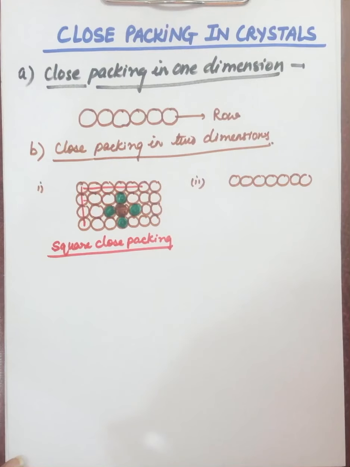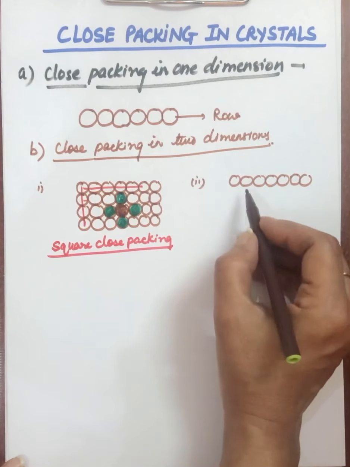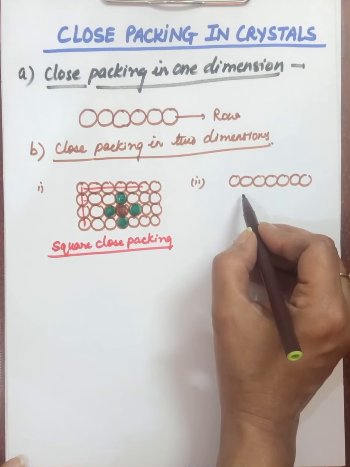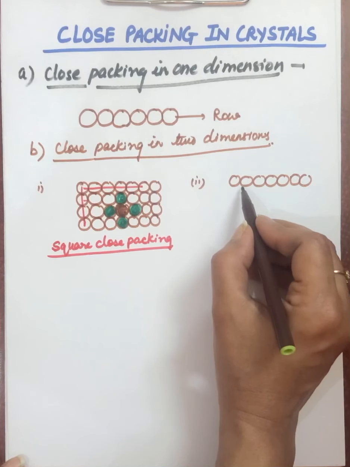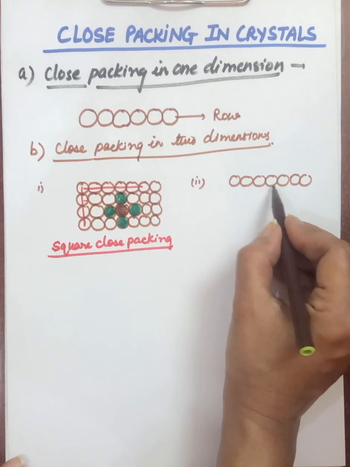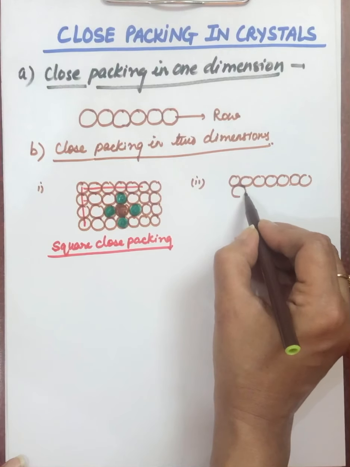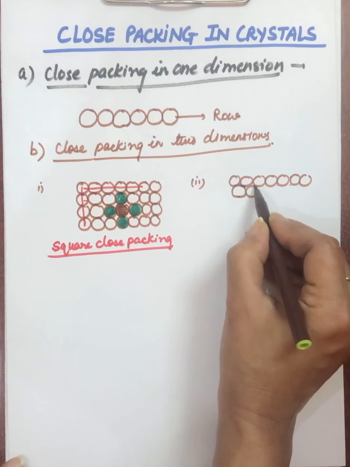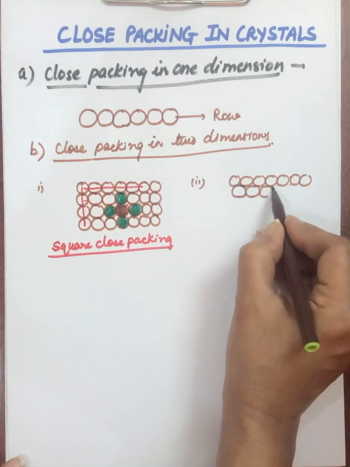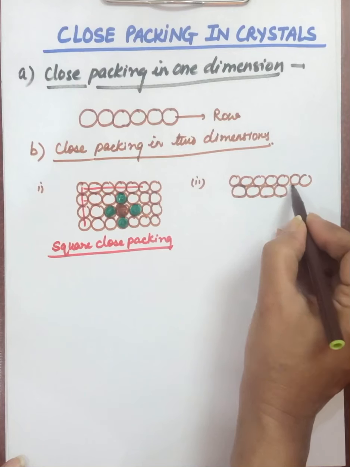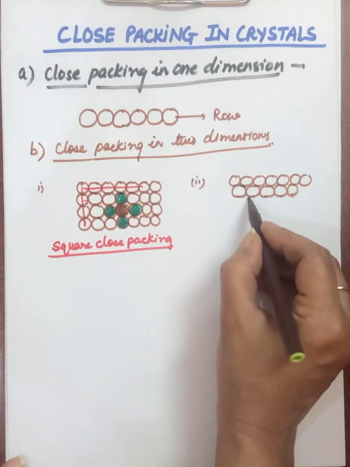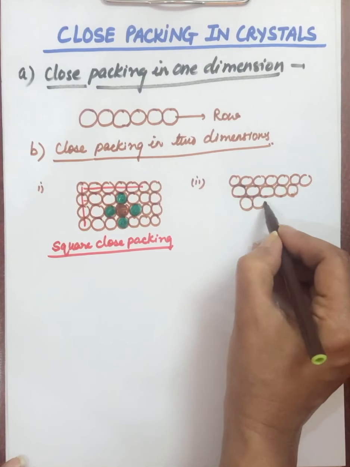Now the next arrangement is when we are placing the rows, the second row we are placing under this one, the particles we place in these depressions of the first row, so as to cover the empty space as much as we can. Next row particles under these depressions.